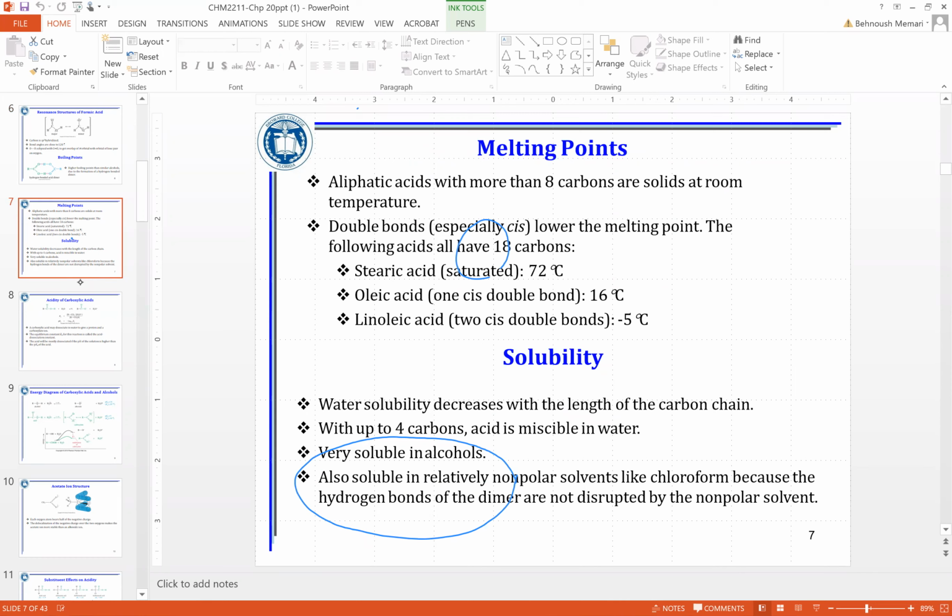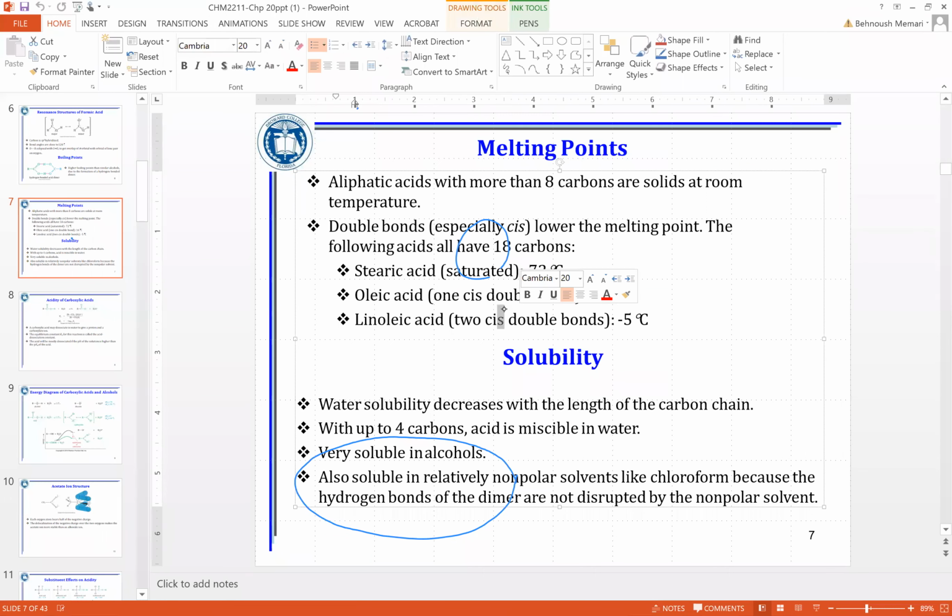Melting point for carboxylic acid depends on the number of double bonds that they have. If it's saturated, or one double bond, mono-unsaturated, or polyunsaturated, the more carbon-carbon double bonds you have in the molecule, the lower the melting point is going to be. That happens for unsaturated oil versus saturated fatty acid, or animal fat versus plant.